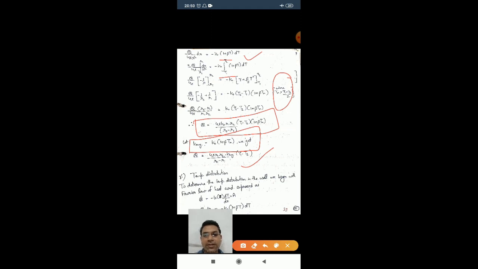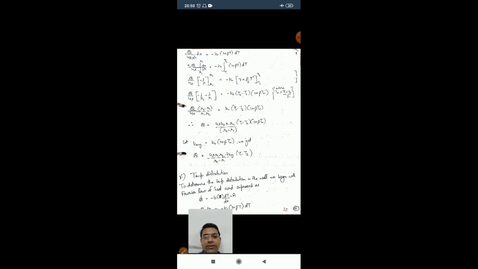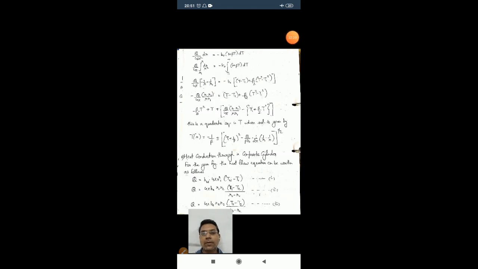Now the last case, for the sphere, is temperature distribution in the wall. So again q is equal to minus k dT by dr, where k is a function of temperature, k is equal to k naught 1 plus beta t as specified earlier also.